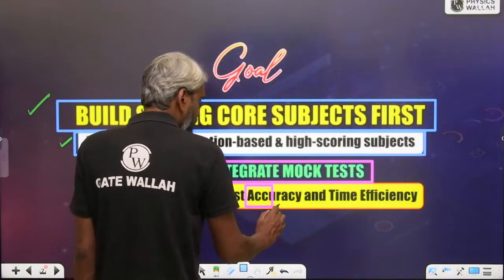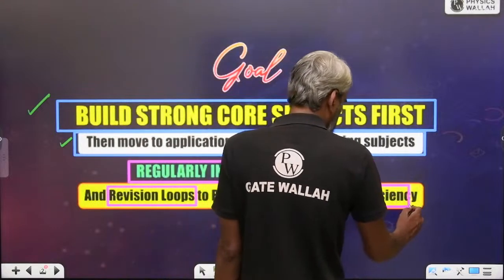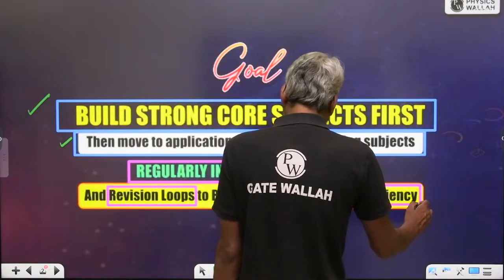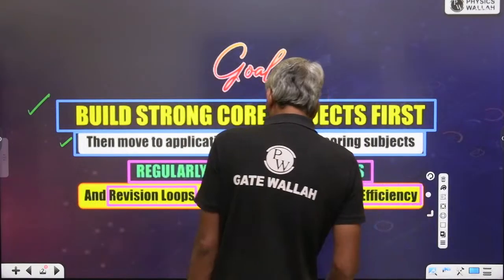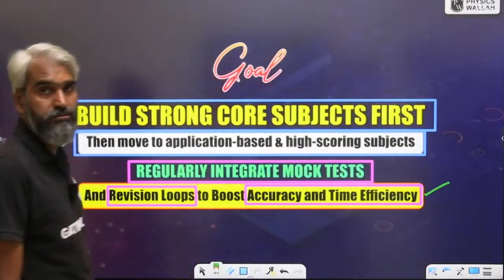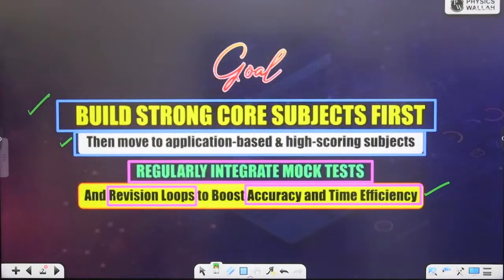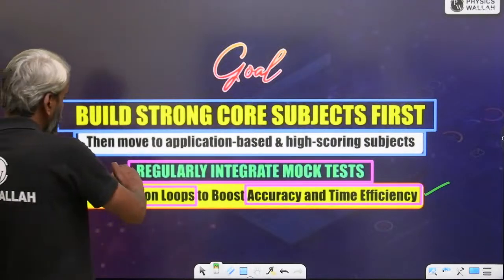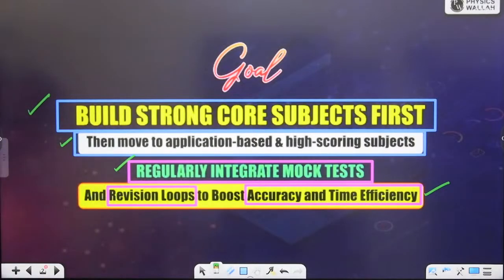So, revise your subjects as many times as possible. Boost accuracy and time efficiency. These are 2 important things. And you can work on these 2 things only if you appear for the mock test. So without mock test, you don't know that how good is your accuracy and whether you are able to complete all the questions, whether you are able to answer all the questions within the given time frame or not, right?